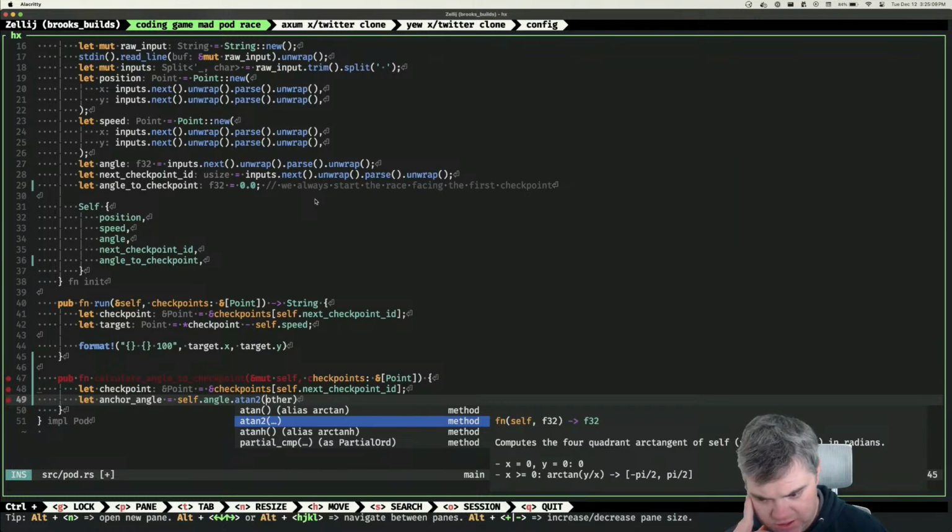How does that work? It doesn't take two things. It takes one thing?